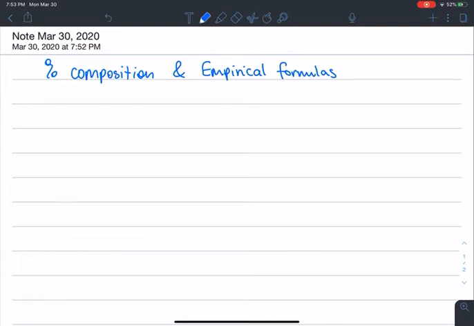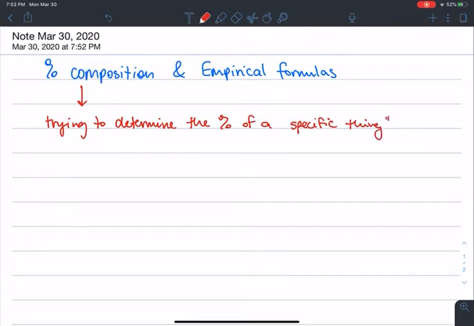So for percent compositions, what's important is that you're trying to determine the percent of a specific thing, and in chemistry that's most often going to be an element.